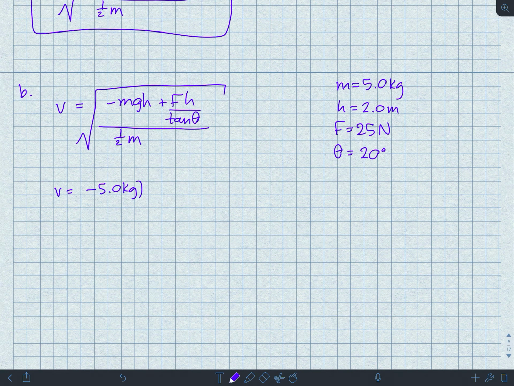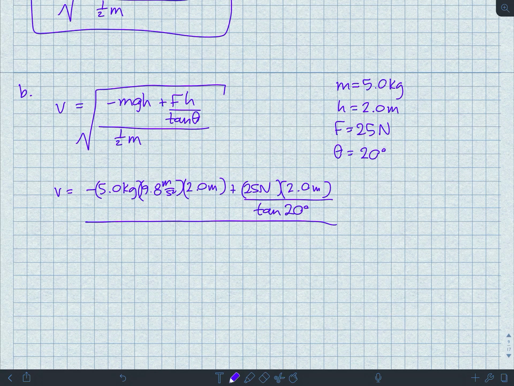So 5 kilograms, then gravity, then the height is 2 meters. Then we have 25 newtons and another 2 meters over tangent of 20 degrees. Then we have 1/2 times 5 kilograms on the bottom and square root all of that.